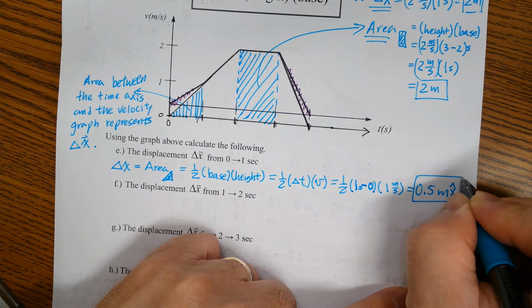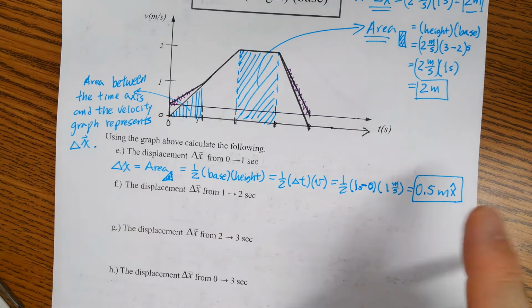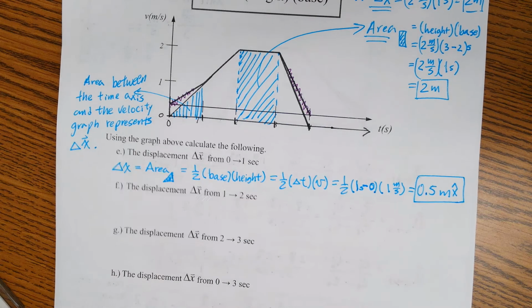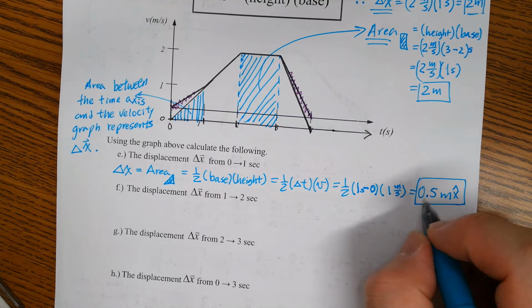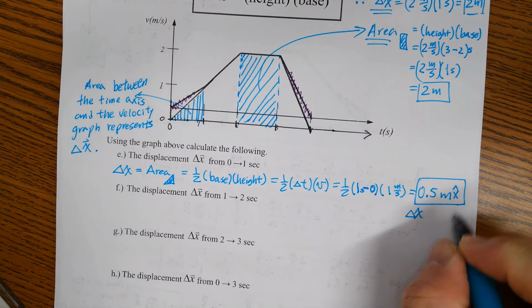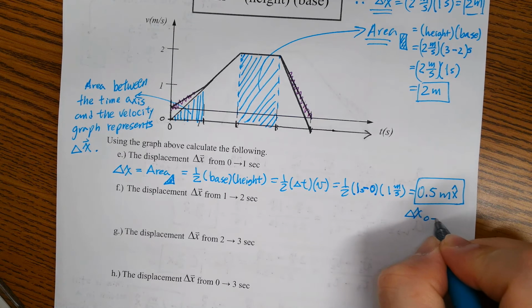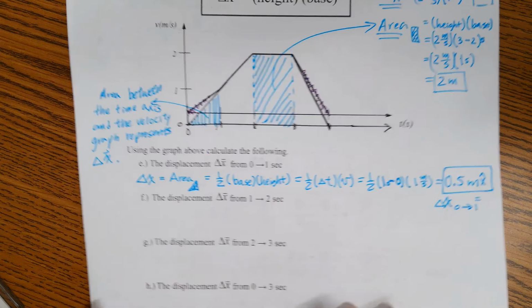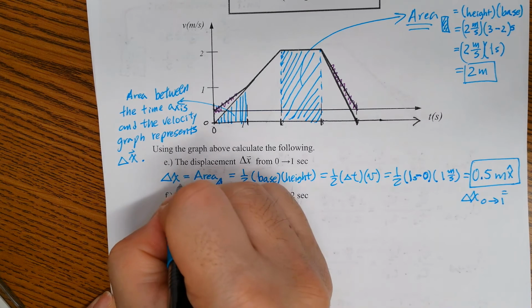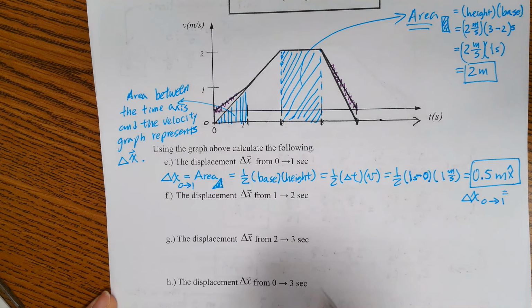And it is positive half a meter. Okay, that is my delta x from 0 to 1 seconds. I should write down 0 to 1 here.